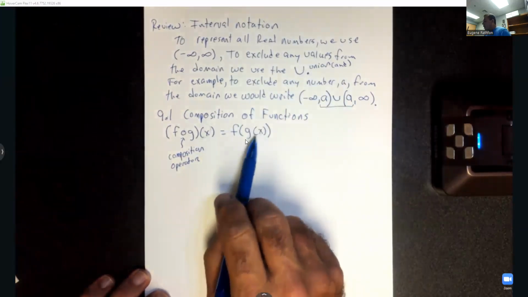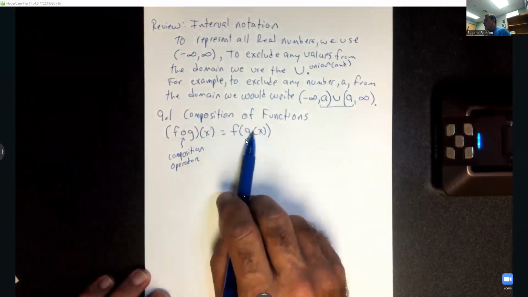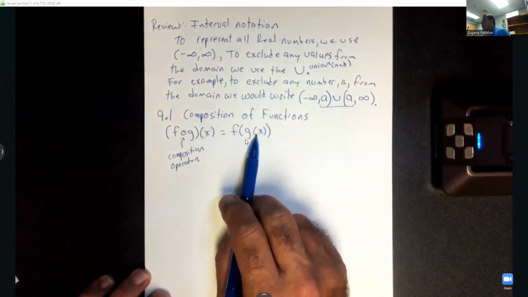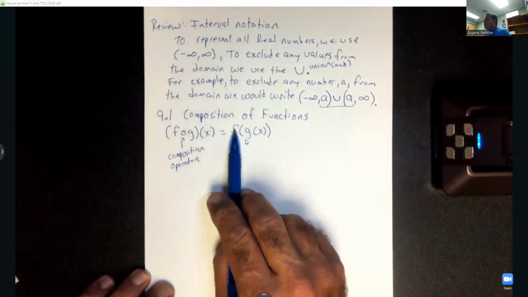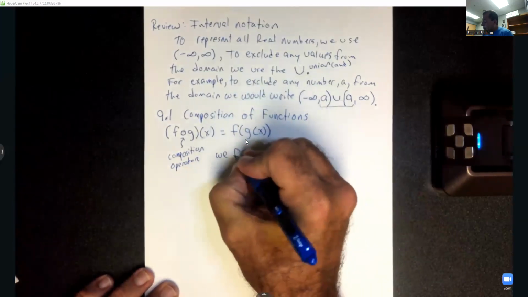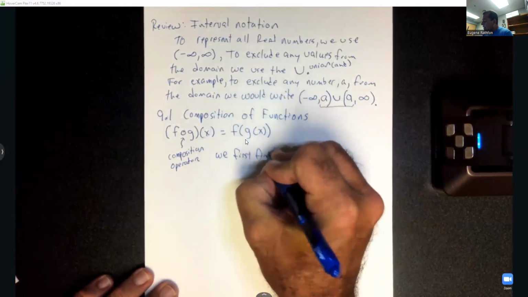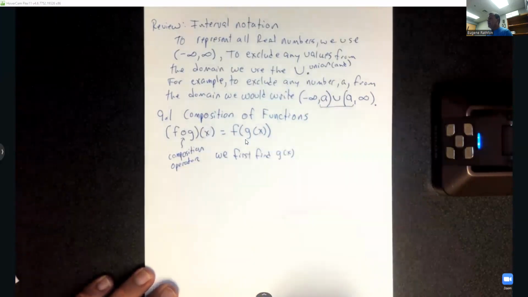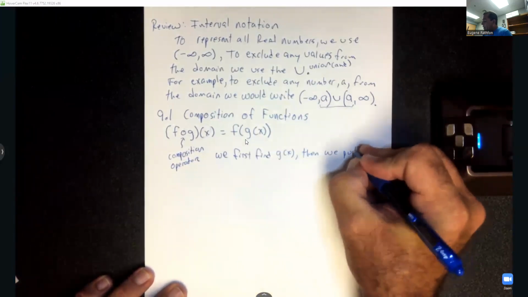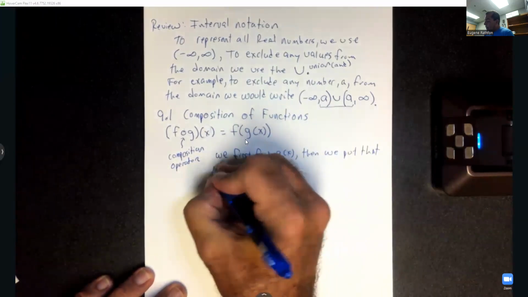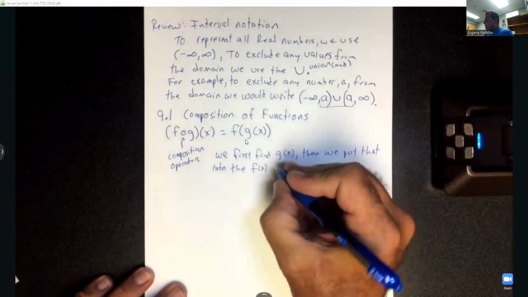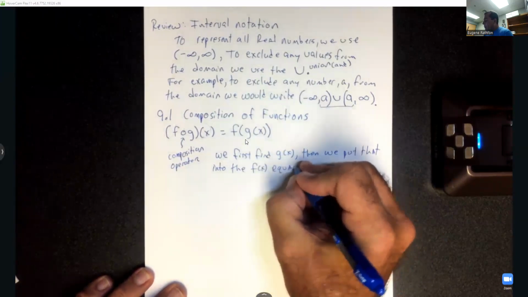Remember, order of operations, you would always start with the innermost parentheses. So we find g of x. Once we got g of x, we put it into the f of x. So here we go. We first find g of x, then we put that into the f of x equation.